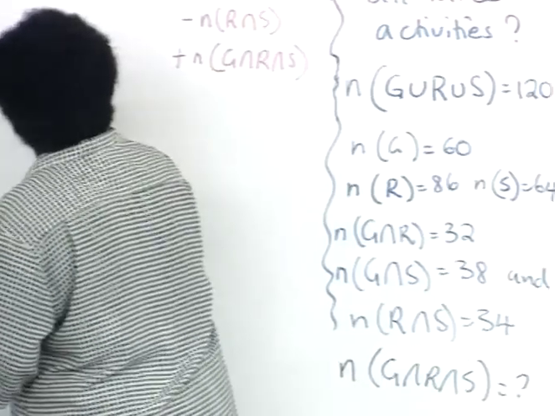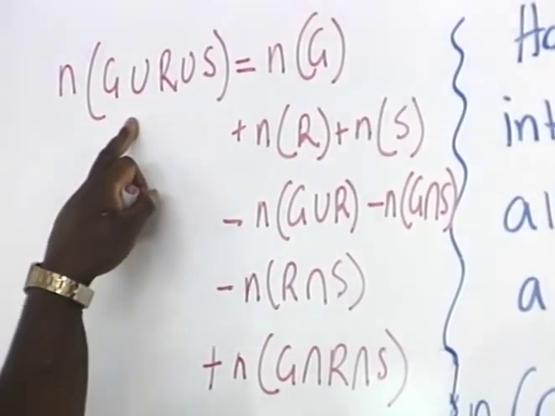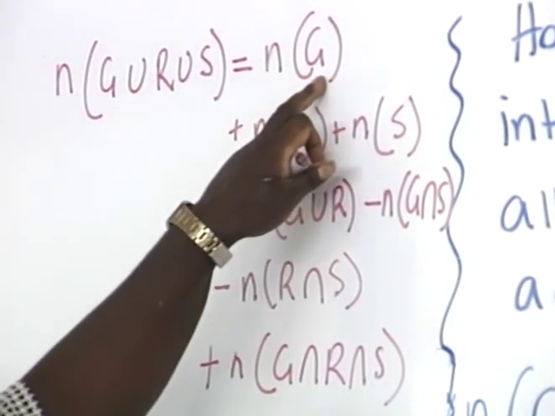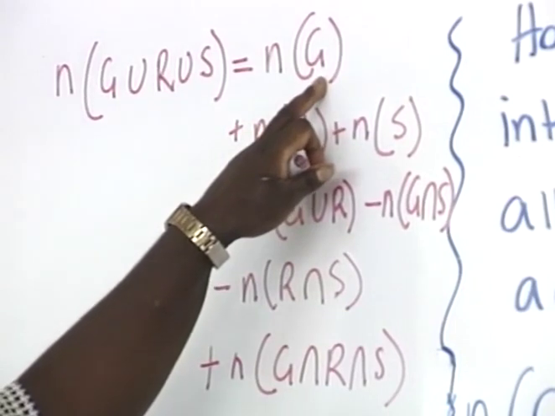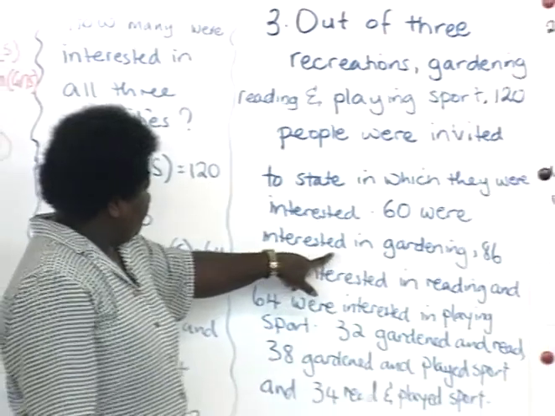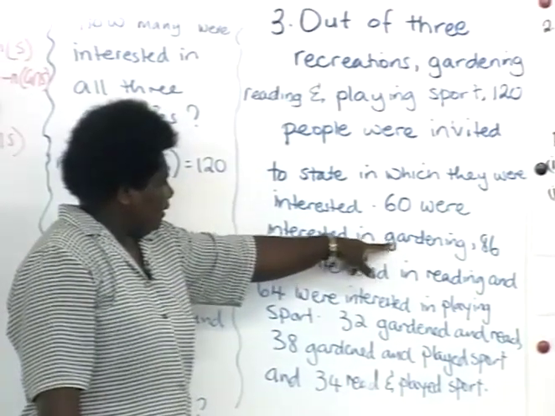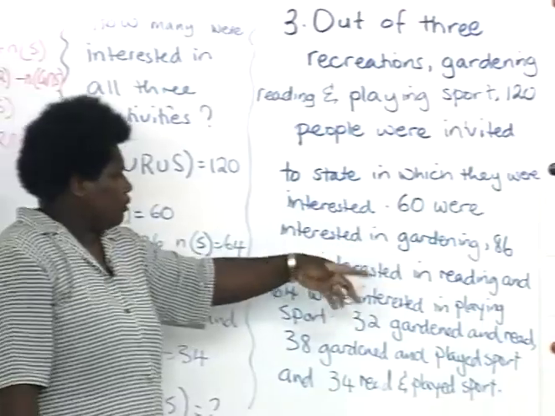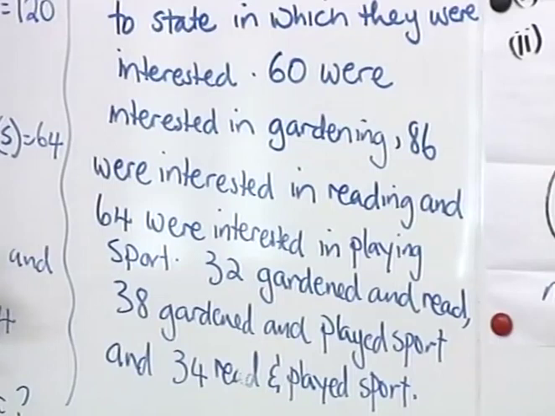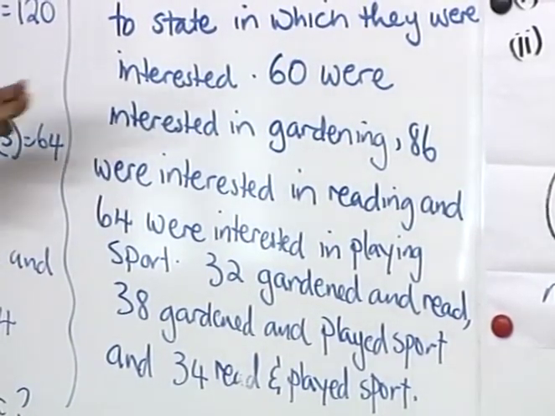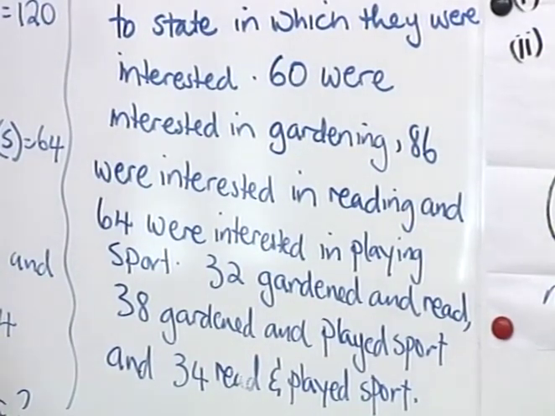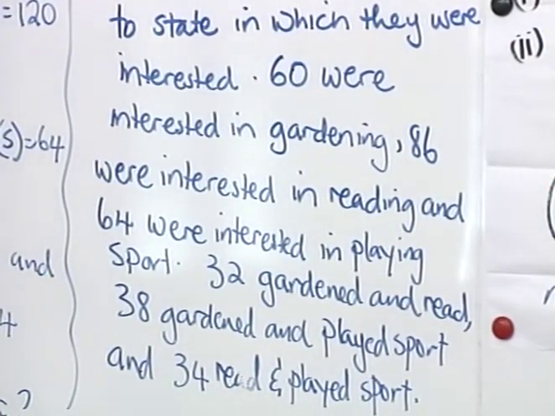We already know this. 120 people altogether. The 60 who were interested in gardening might include some people who were also interested in sports or in reading. It's not just because if you add all of this, it will not be 120, which means those people also included those that were interested in other things as well.